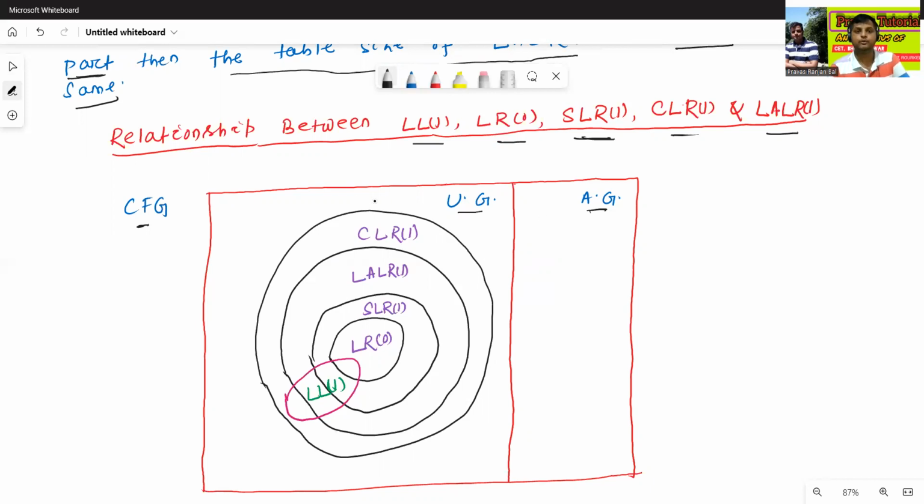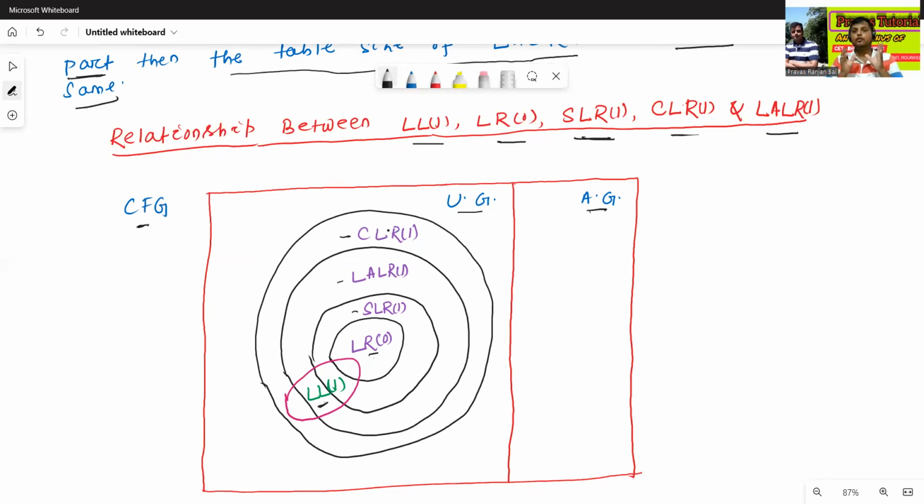Okay, all top down and bottom up parsing generally comes under what? Unambiguous grammar. So LR0 is the subset of SLR1, the subset of LALR1, the subset of CLR1, and it is also unambiguous grammar. And LL1 means top down parsing, the subset of all, meaning LL1 grammar or LL1 parser is the subset of LR0, the subset of SLR1, the subset of LR1, the subset of CLR1.